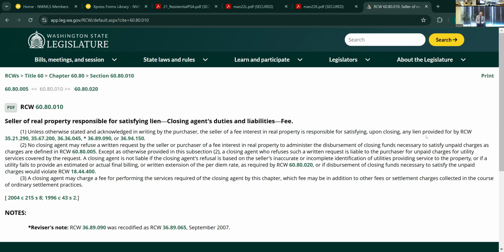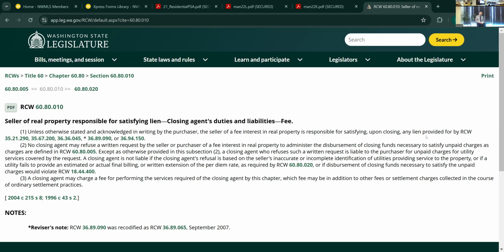A closing agent may charge a fee for performing the services required of the closing agent by this chapter, which fee may be in addition to other fees or settlement charges collected in the course of ordinary settlement practices.